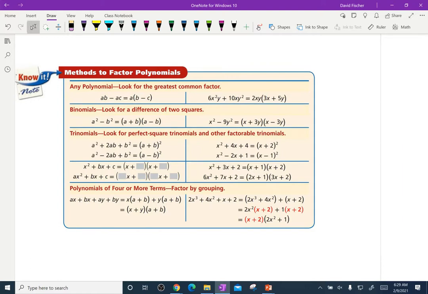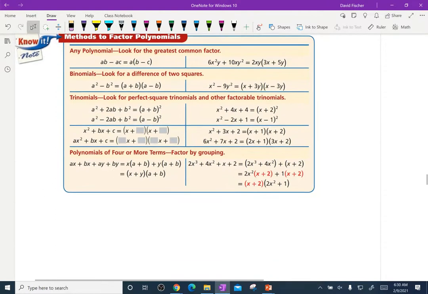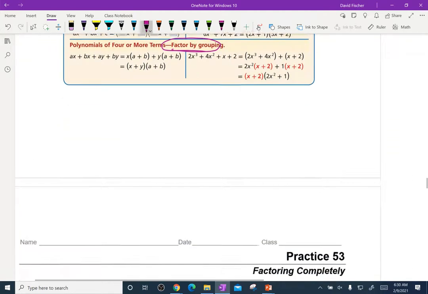If it's a trinomial, we're going to look for the two magic numbers and factoring it however best you like, the slide and divide or the lazy AC method, whichever one you like. And then if we have 4 or more terms, we're going to look for factor by grouping. Okay, so these are all the things that we've learned, and now we should be really good at.